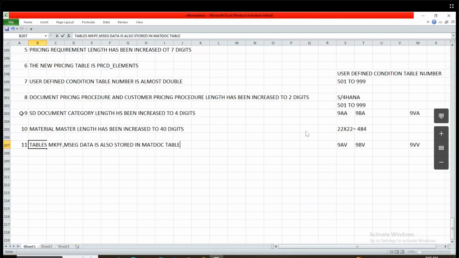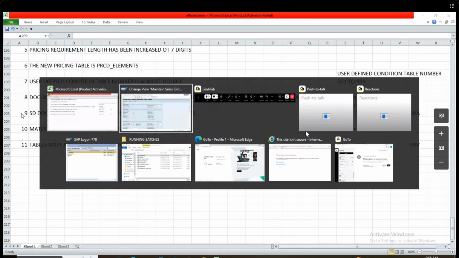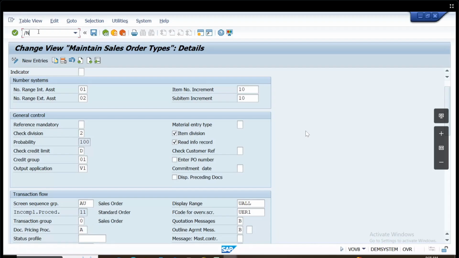This is not related to SD, but here you have maximum information related to material and its stock information. So if you want any report related to material or stocks, you can refer to this single table. MKPF and MSEG data is also stored in the MATDOC table. Go and check MATDOC.